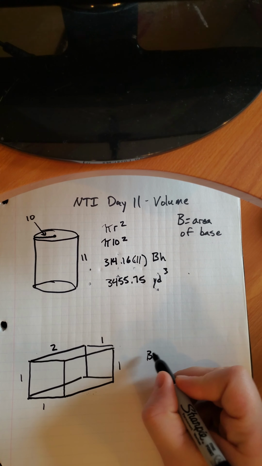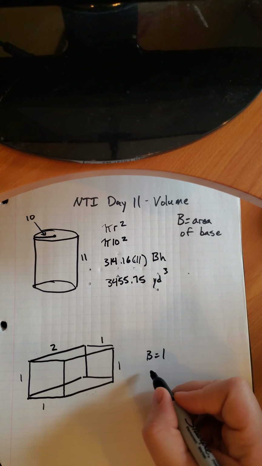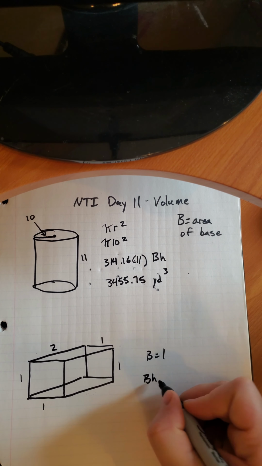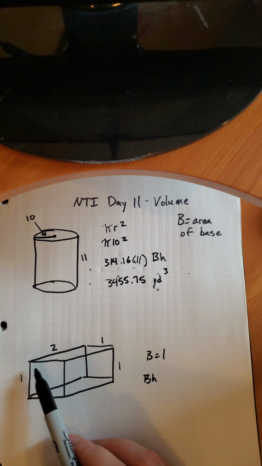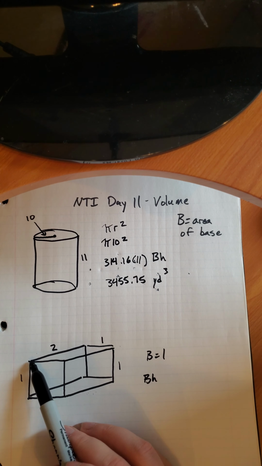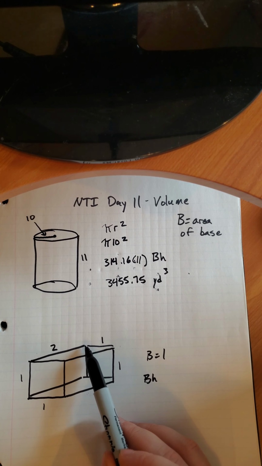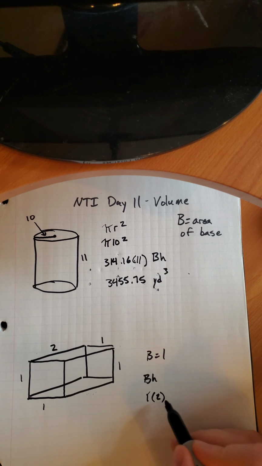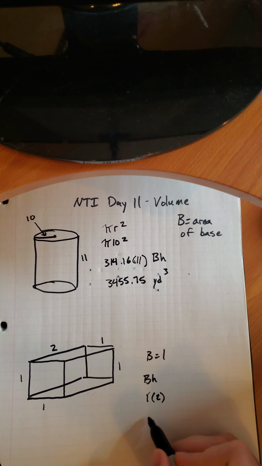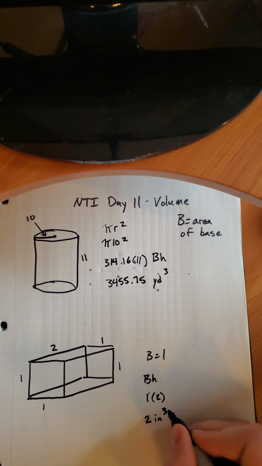So that's going to be our capital B, 1, and we're going to plug that in, capital B times the height of the rectangular prism, which again is the distance from one base to the next base. So that's going to be 2. 1 times 2. So our volume is going to be 2 inches cubed.